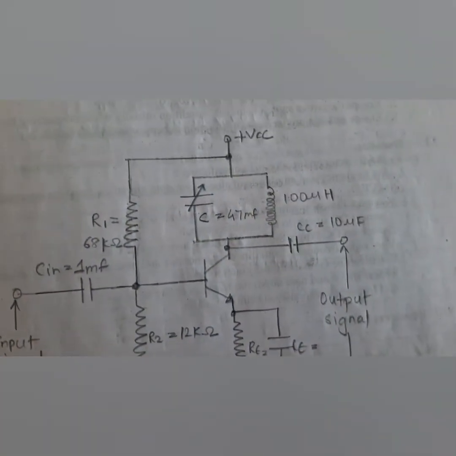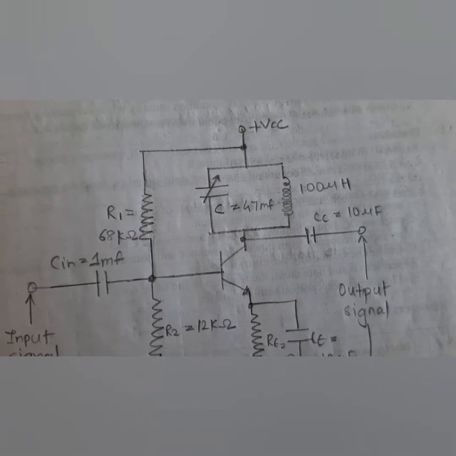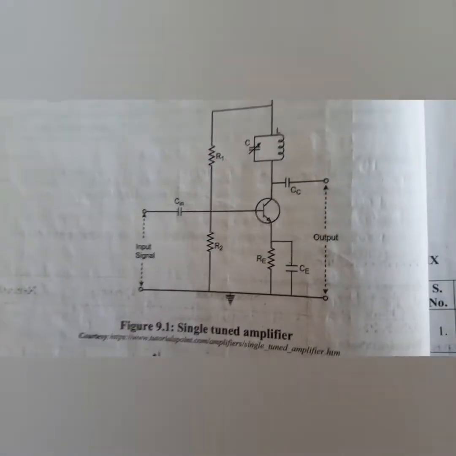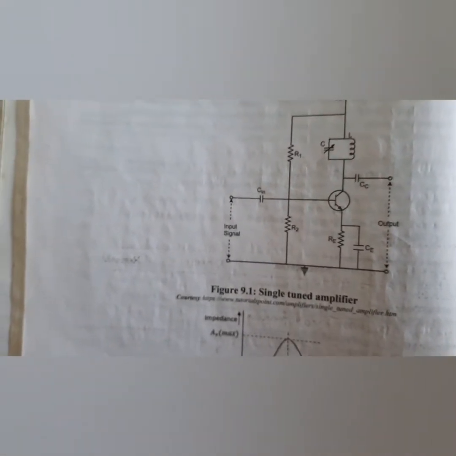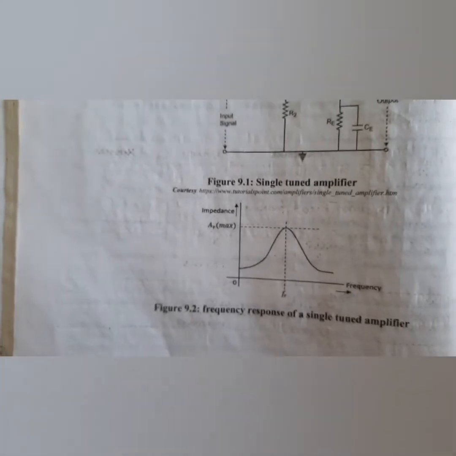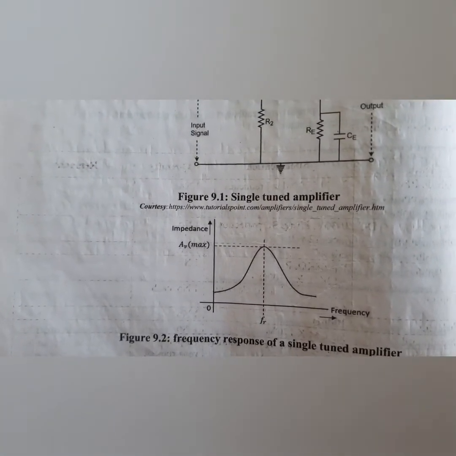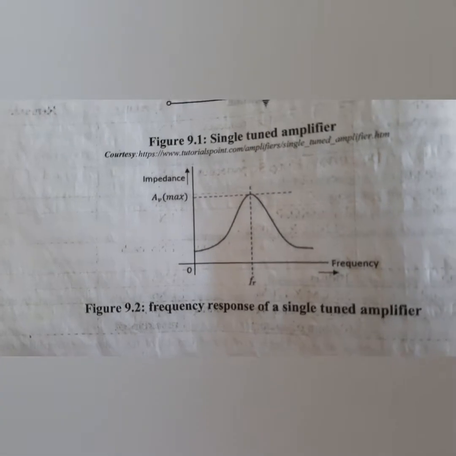So we are going to take the value as C is equal to 47 and inductor is equal to 100. So coming back to the circuit diagram, the parallel resonance occurs at the resonant frequency. So FR is your resonant frequency. When the circuit has high Q, see this is your frequency response.